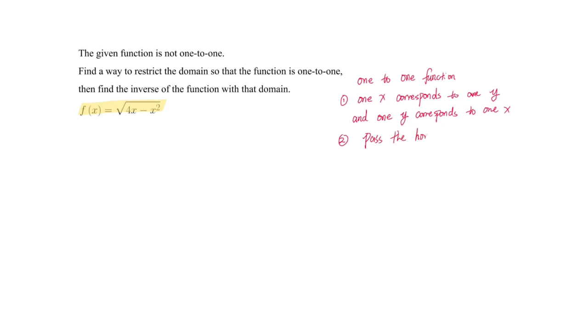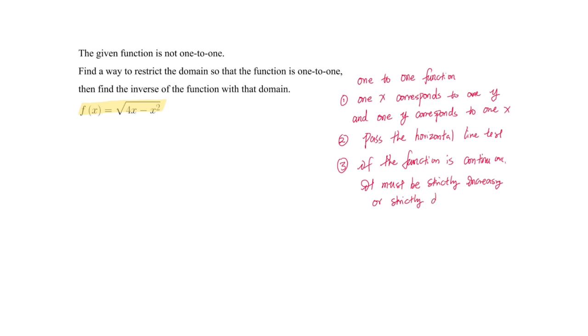The second rule is you should pass the horizontal line test. The last one is if the function is continuous, it must be strictly increasing, so it goes up, or strictly decreasing.